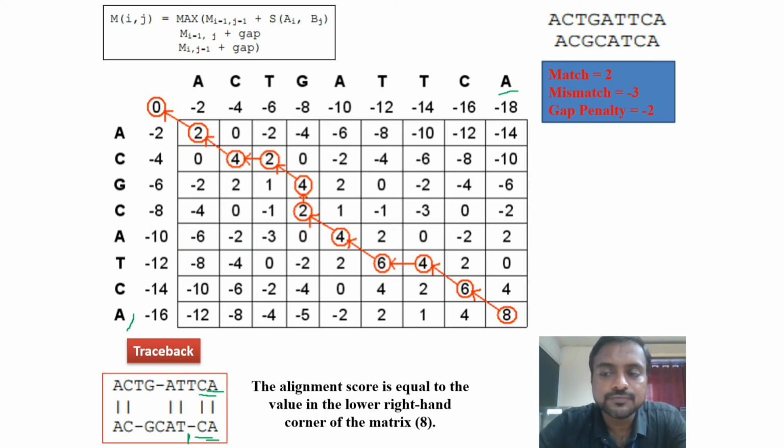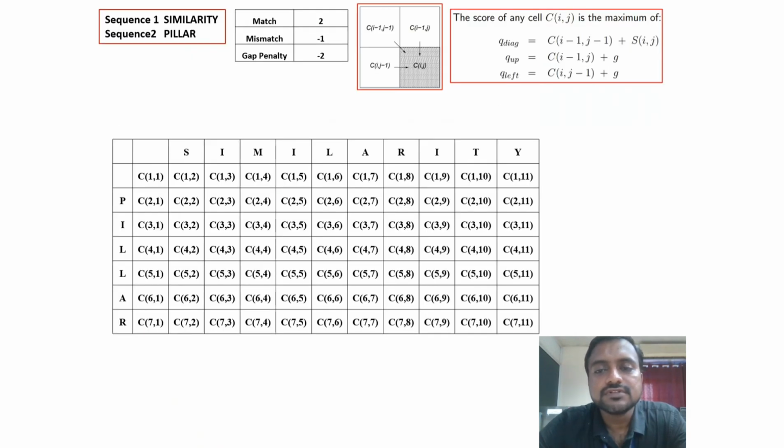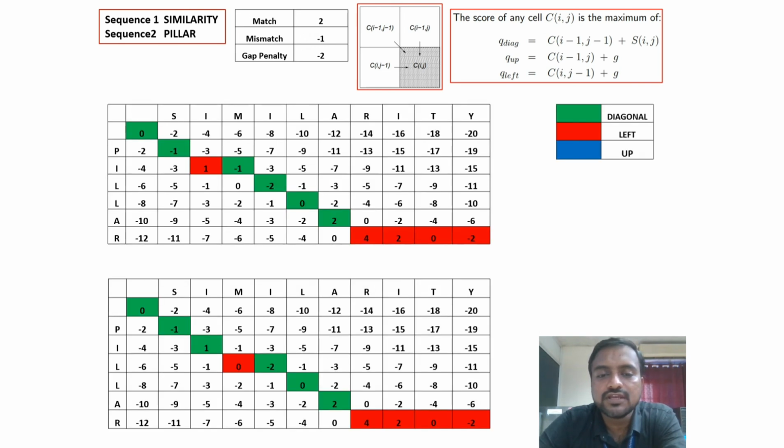A best example involving amino acid sequences: Sequence 1 is the word similarity. Sequence 2 is the word pillar. In this case, we have used 2 for match, -1 for mismatch, and -2 for gap penalty. The same process is continued, and ultimately what you get over here is 2 different types of alignments.